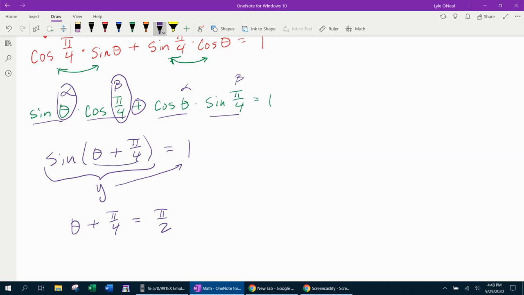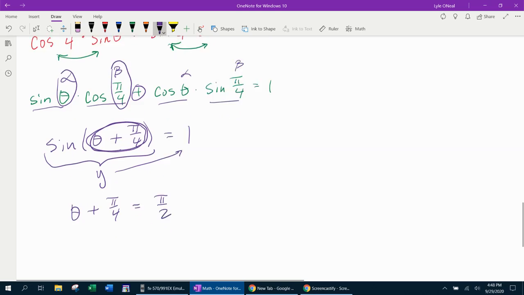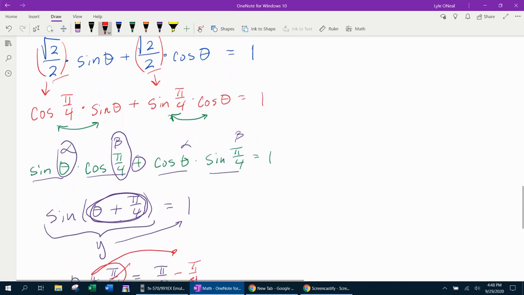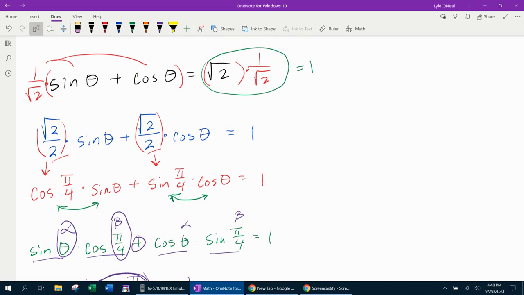So I know that this angle, whatever it is, is going to have to equal pi over 2. And then I can finish solving for theta. Bringing that over makes it minus pi over 4. And pi over 2 minus pi over 4, a half minus a fourth, is a fourth. And then that's going to be the angle that solves the original equation, okay?